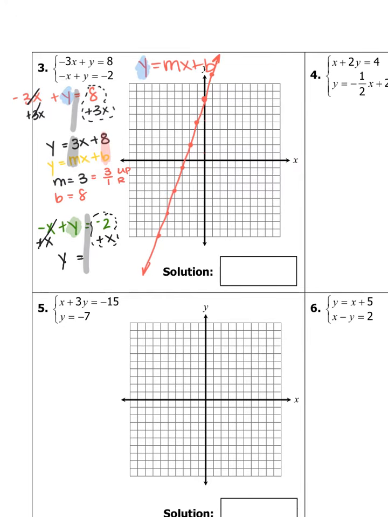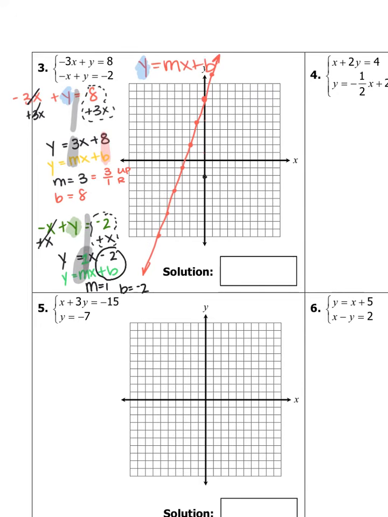So when I do -2 plus x, that's the same thing as a positive x and a -2. So now it does look like y equals mx plus b. So when nothing is in front of that x, that's like a 1 there. So my m is going to be 1, and my b is going to be -2.